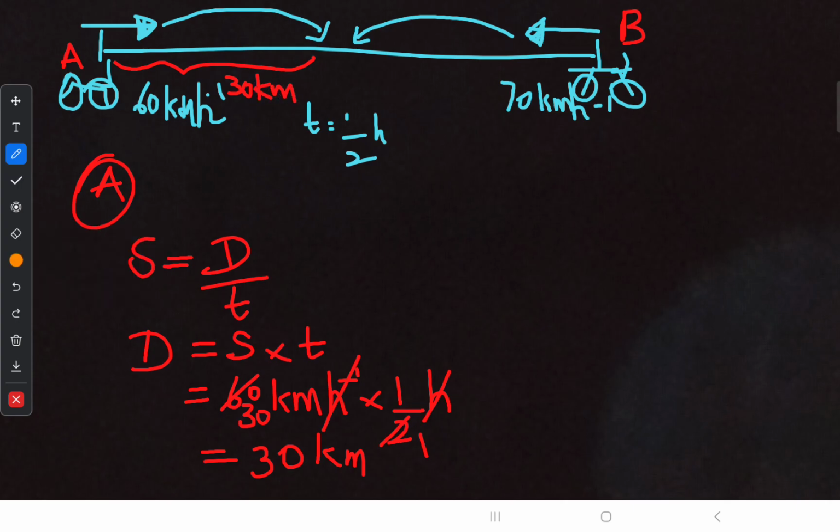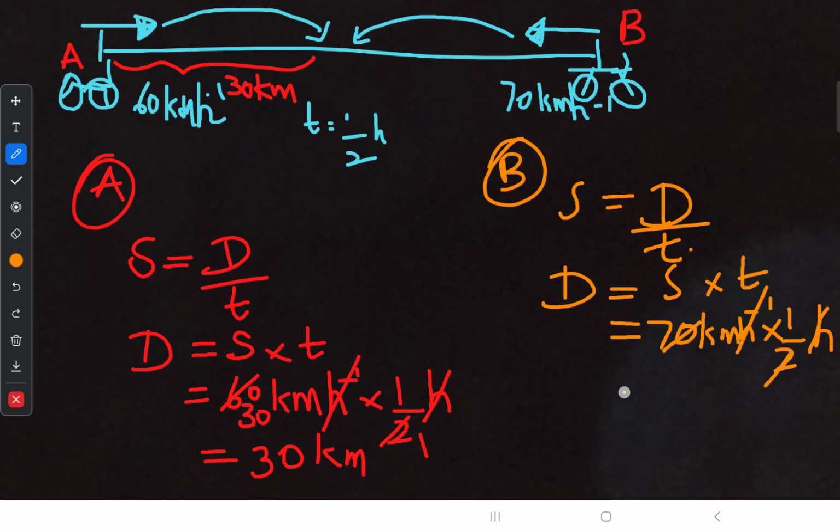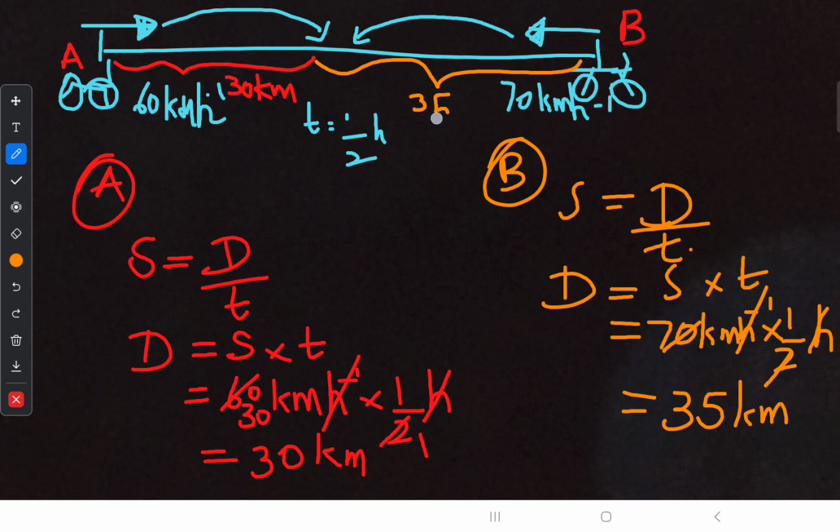Similarly, we have to find for B. Here also S equals D upon T. We know the speed and time, so we multiply speed 70 kilometer per hour with time half an hour. The units can be simplified. 70 divided by 2 gives 35 kilometers. So person B traveled 35 kilometers in the same time.